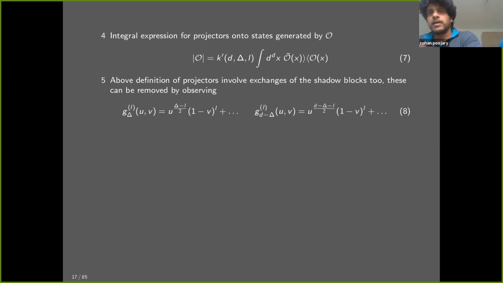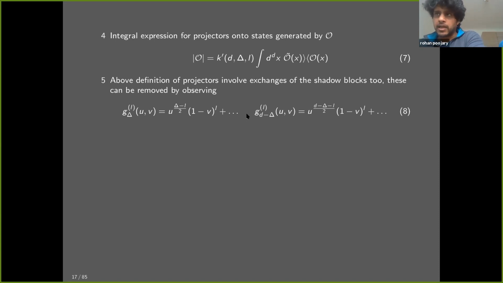Its dimension is negative, and it has a peculiar behavior in the sense that when u tends to 0 and v tends to 1, which is basically like the S channel, where 1 and 2 come close to each other, 3 and 4 come close to each other, the 4-point function should basically look like a 2-point function. Okay, and it would have the wrong behavior. So the wrong behavior over here is captured by the shadow, and you should sort of filter it out.